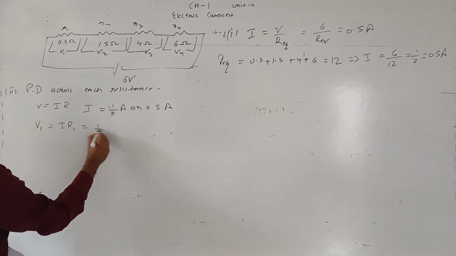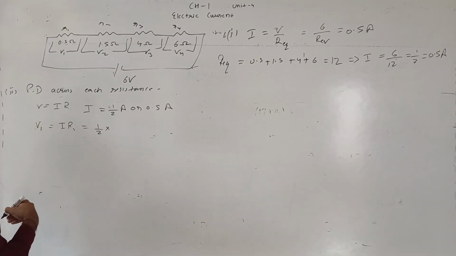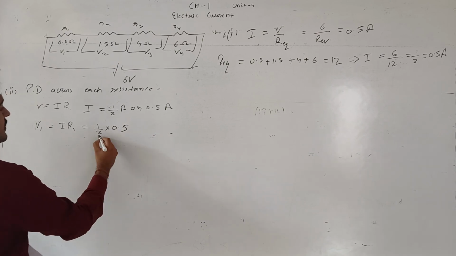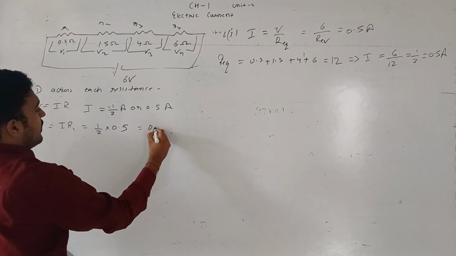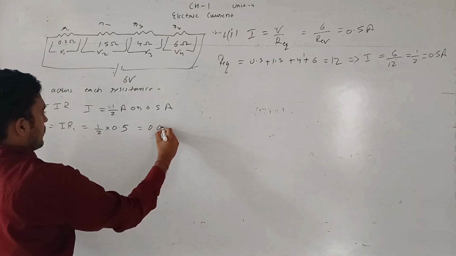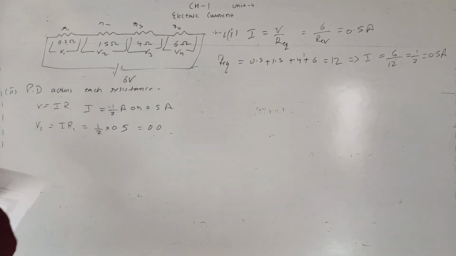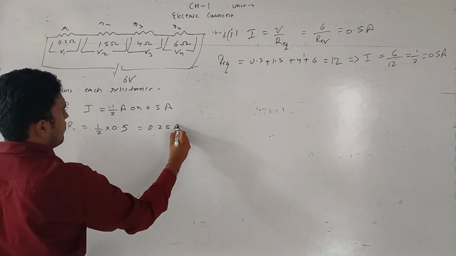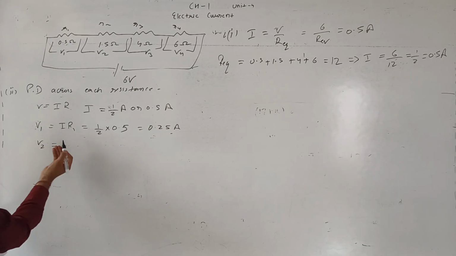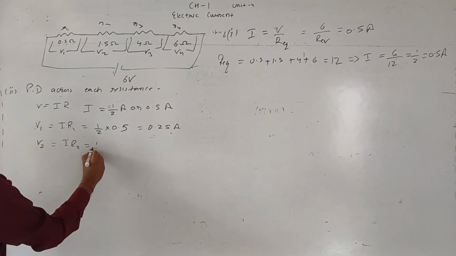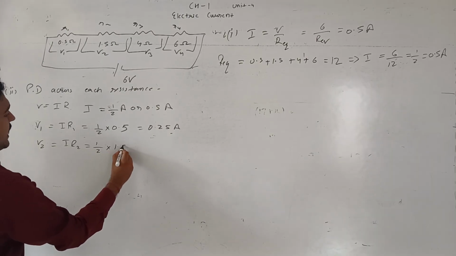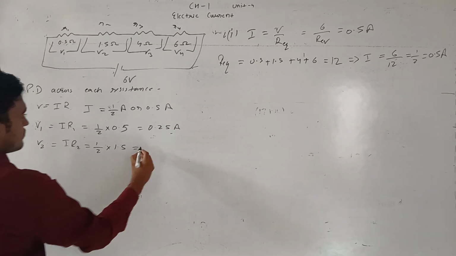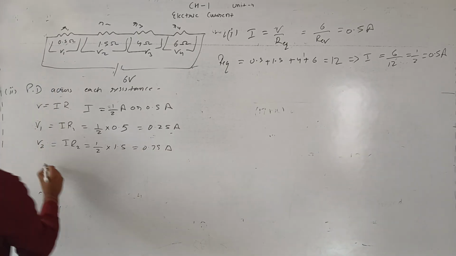So V1 is equal to I into R1, which is 1 by 2 into 0.5, and this comes out to be 0.25 volt. Similarly, V2 is equal to I into R2, which is 1 by 2 into 1.5, that is 0.75 volt.